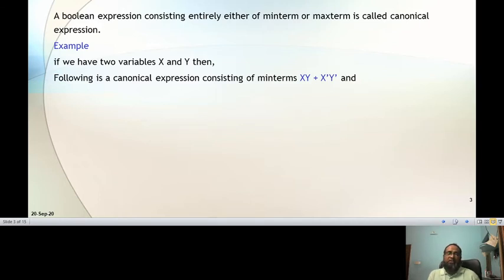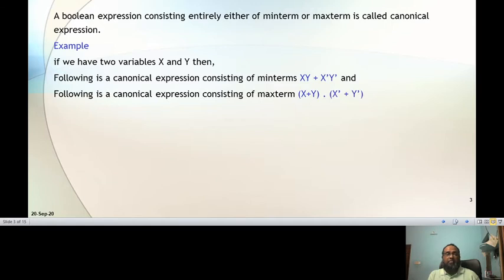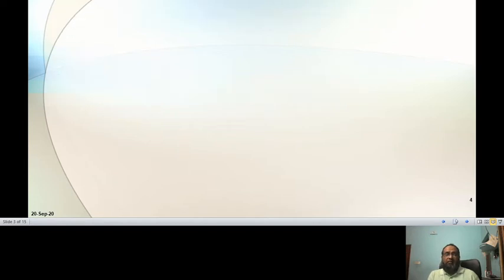The normal equation is known as a standard equation, and if it consists of all the variables in all the terms, then it is a canonical expression. Canonical expressions are available in terms of minterms as well as maxterms.